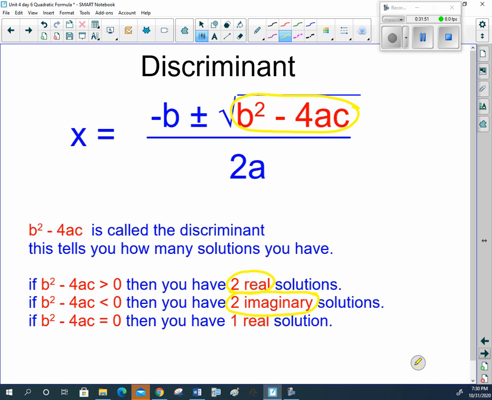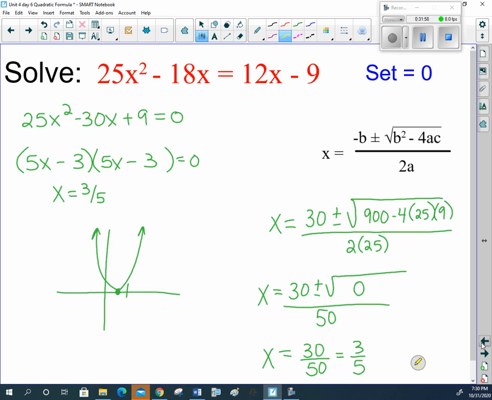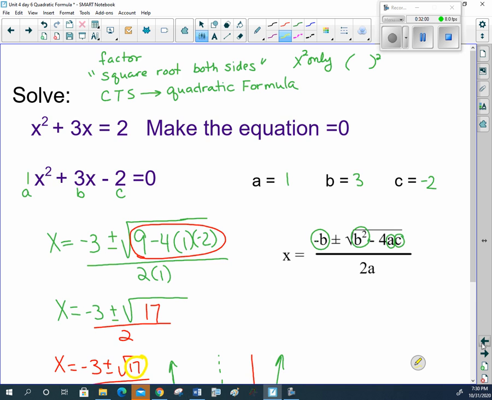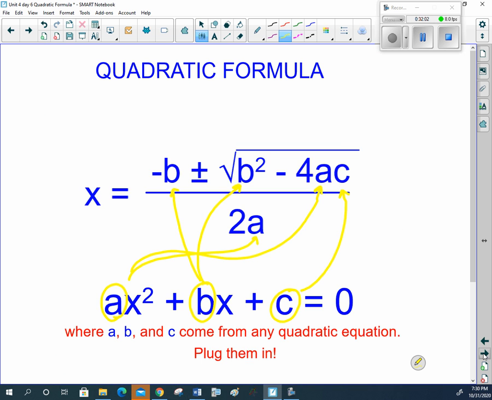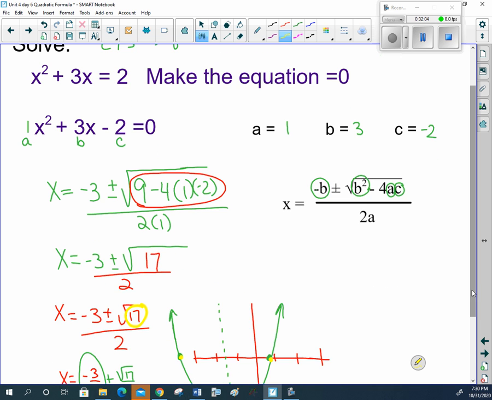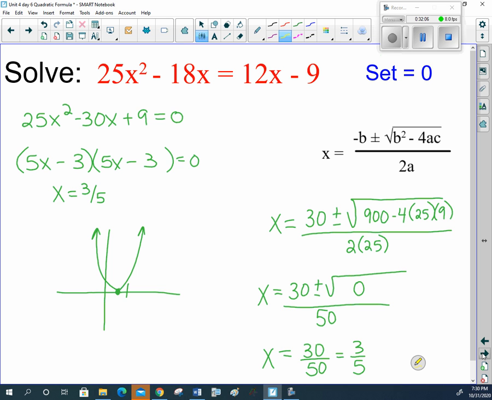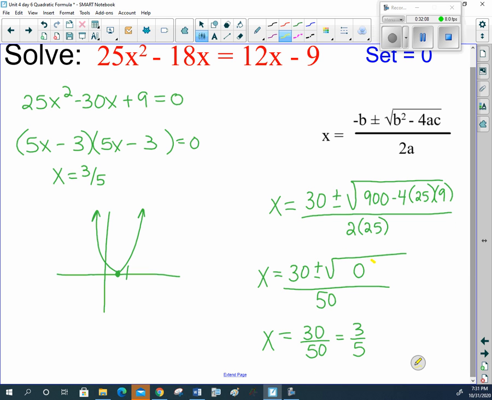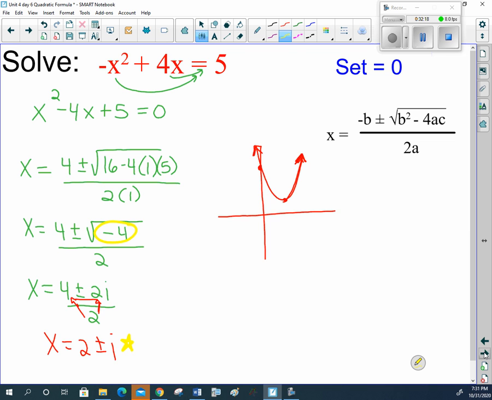So when that number was negative, and then what happened when it was equal to 0? We did that scenario. When it was equal to 0, oh, I went too far. Where did it go? Right here. When it was equal to 0, right here, we ended up with 1 real zero. We ended up with it just sitting on the x-axis. That's what the discriminant's telling you.